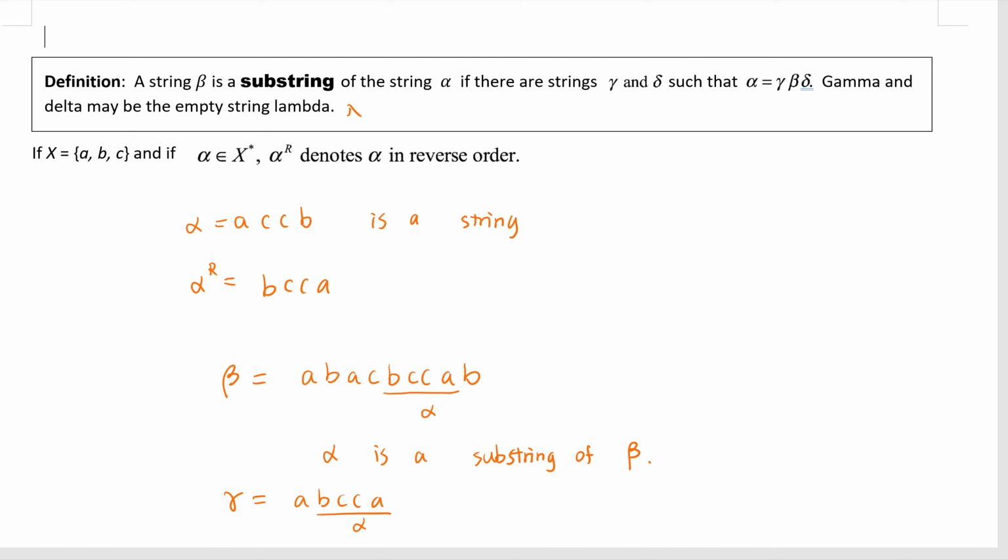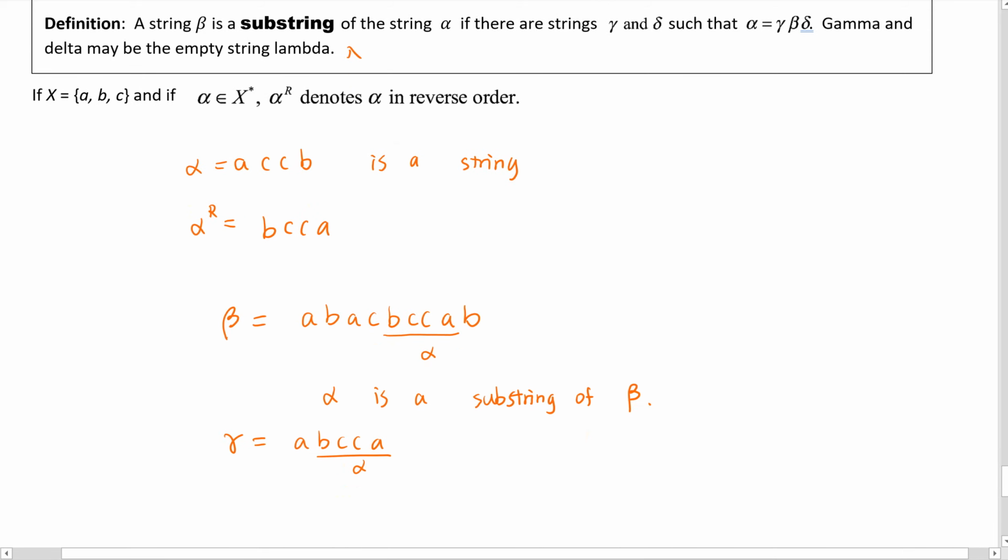And remember, gamma and delta can be empty strings, so here you can have nothing there. This is still a substring. And furthermore, alpha is a substring of alpha itself. According to the definition, gamma and delta could be empty strings, so alpha is a substring of itself.